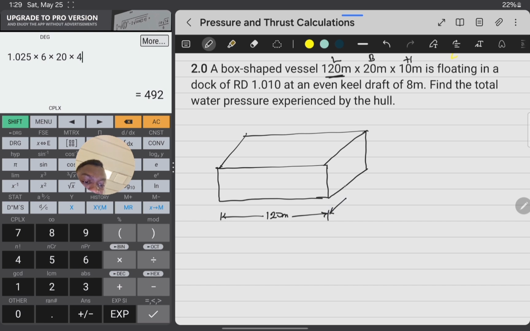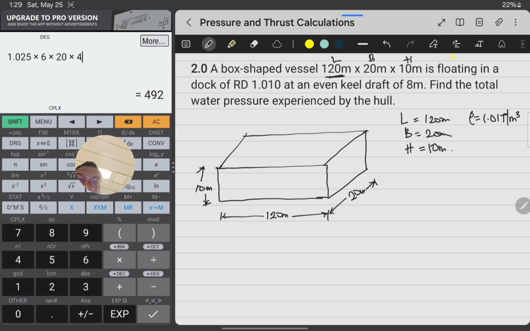The breadth is 20 meters and the height is 10 meters. It's floating in a dock of relative density 1.01. So we know that the box has a length of 120 meters, a breadth of 20 meters, and a height of 10 meters. The density of water surrounding it in the dock is 1.01 tons per meter cube.